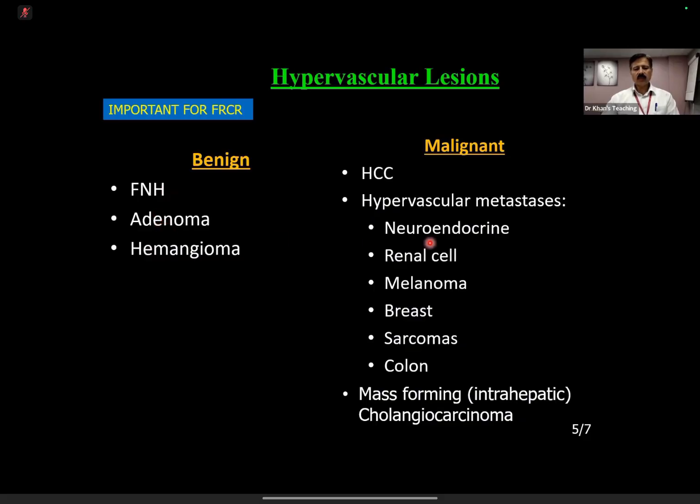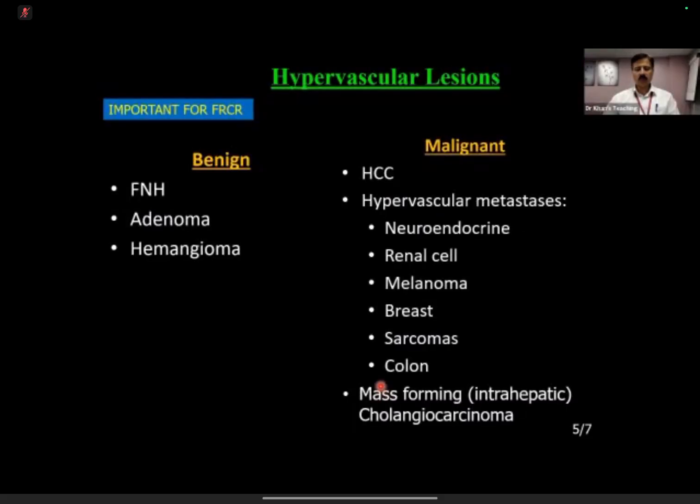Now, classical HCC will of course enhance. It will become arterialized. We'll revisit the criteria, but basically it will enhance. Similarly, hypervascular metastasis will enhance. Cholangiocarcinoma is very tricky, and you have to learn. My mantra is you learn your pathology and make your radiology.